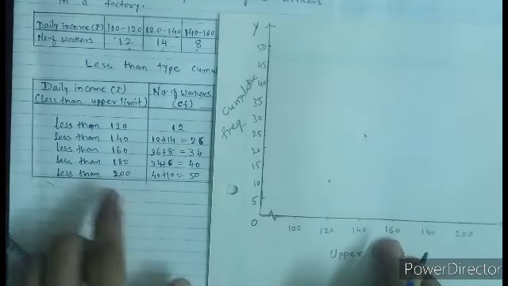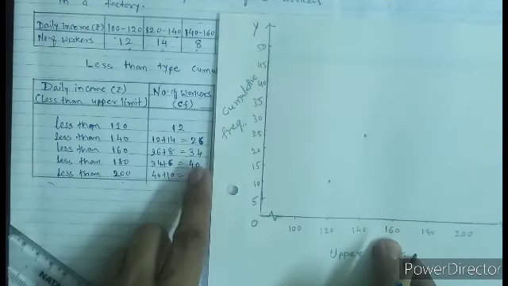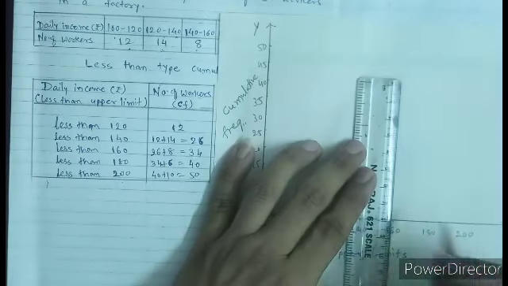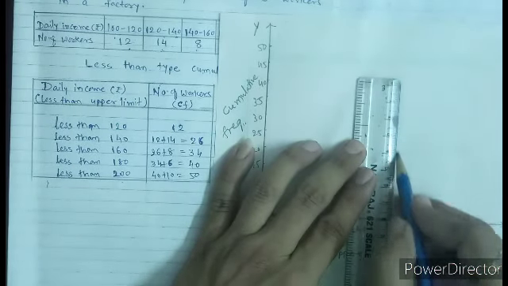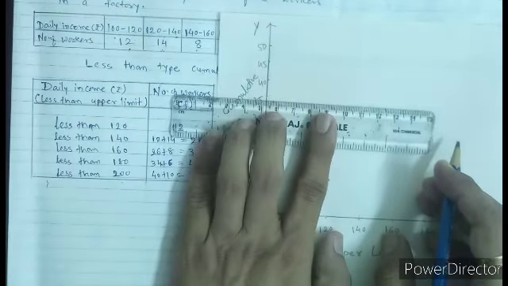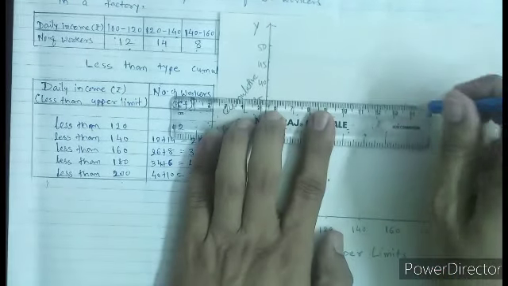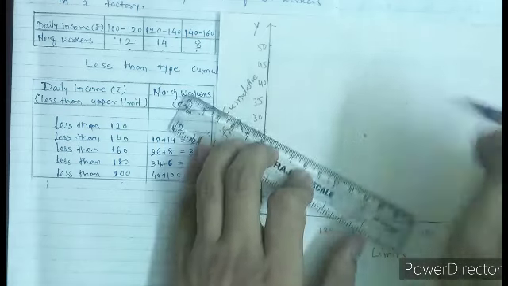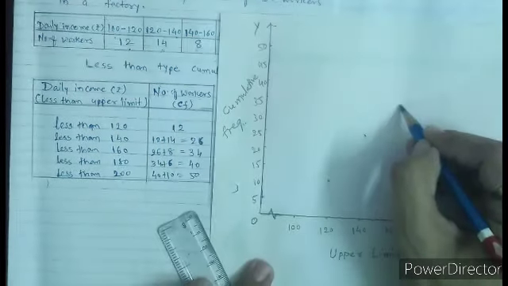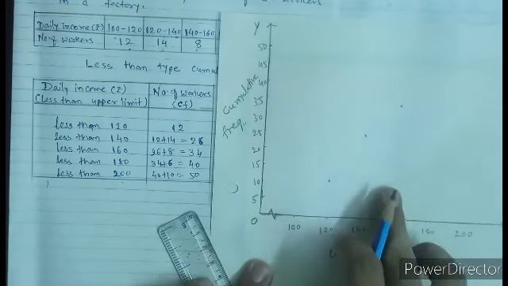Now the next is less than 160 and cumulative frequency is 34. So for the 160 level, I have to get 34, so it is 1 less than 35. So I'll get that point here. This is the point 160 and 34.